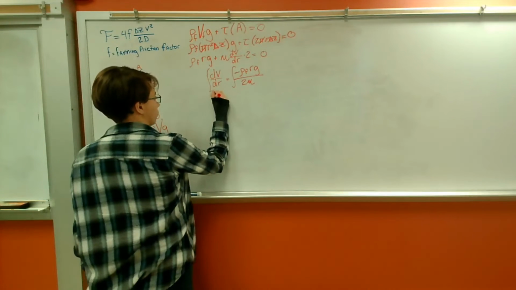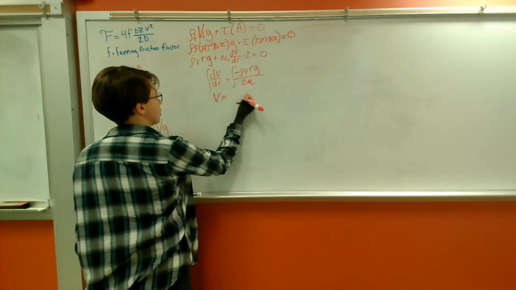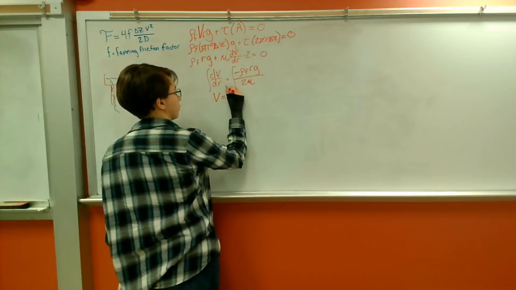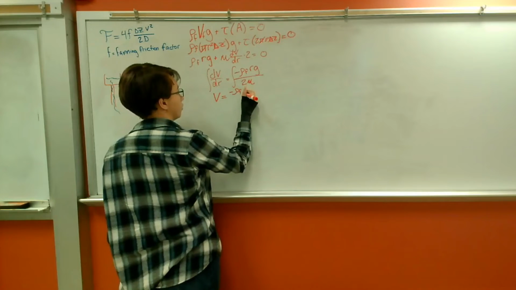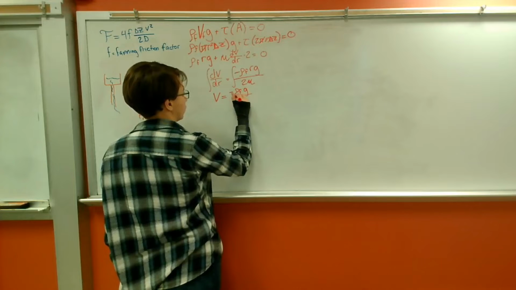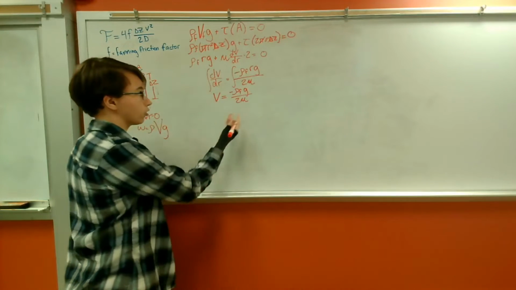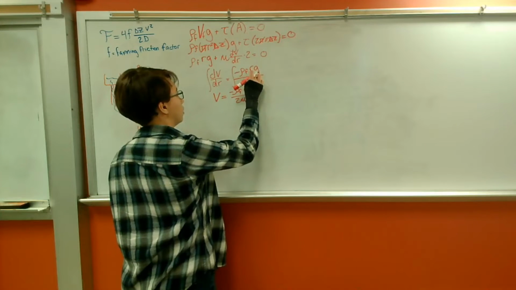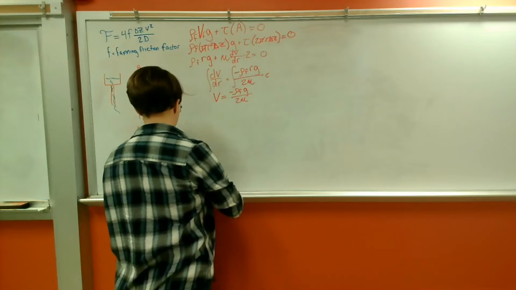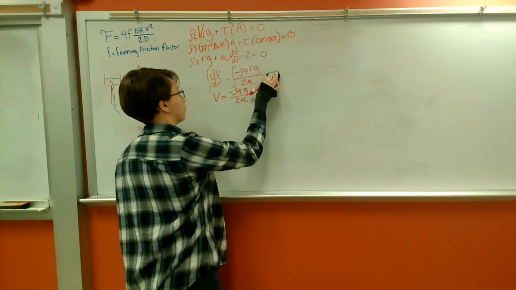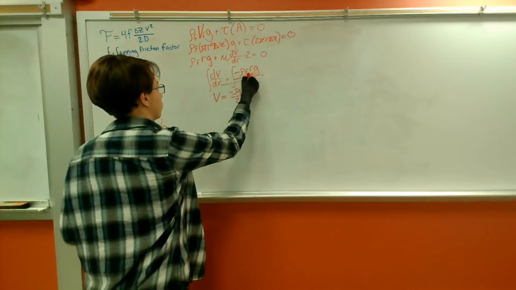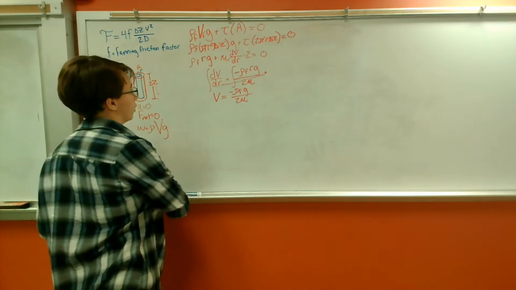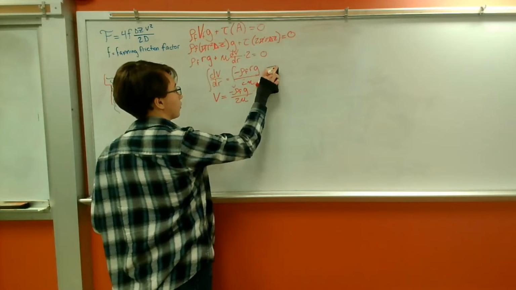So we're going to have the velocity is equal to, we can pull those outside, we've got density of the fluid times acceleration due to gravity over 2 mu, because those are constants, so then we just have the integral of r dr. I'll rewrite that, that's confusing.